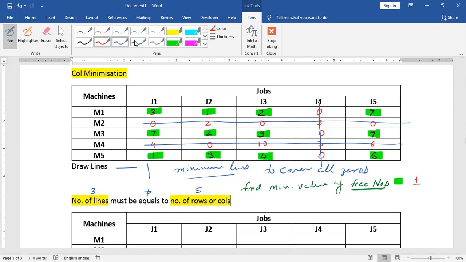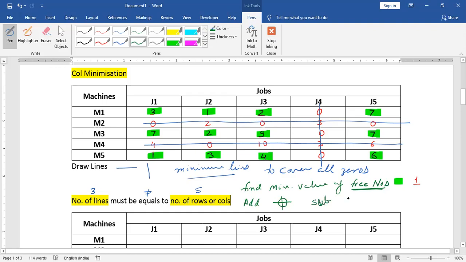After finding the minimum value of the free numbers, we will add this number where lines are intersecting. Right. We will subtract this number where free numbers are.